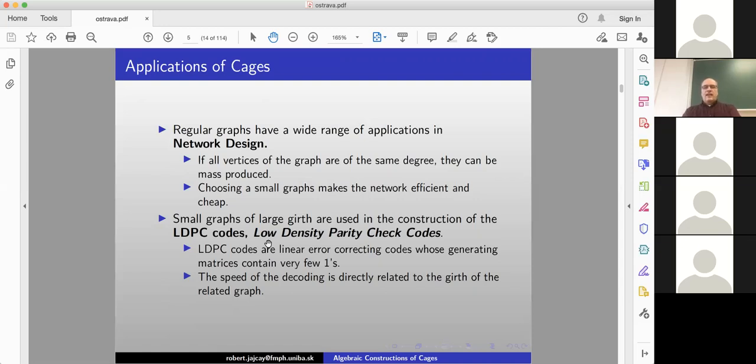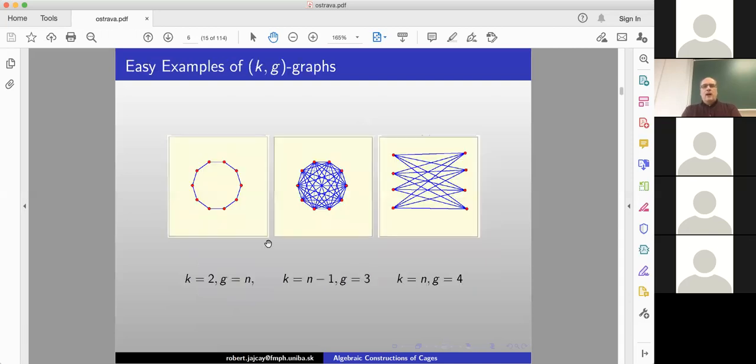So this has applications in coding theory as well. But I should say these are two selected applications. There are more applications of cages as well. So I'd say it's an interesting mathematical problem. It's hard to solve, and it has many applications. So that makes it interesting to me, and I hope to most of you as well.